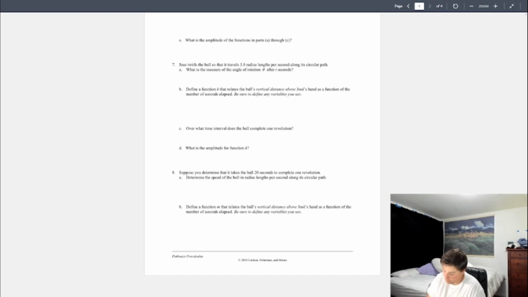Okay, 1 foot. Oh, but I want to cancel out feet. So 0.434 radius lengths is equal to 1 foot. Hope I'm doing that units right.